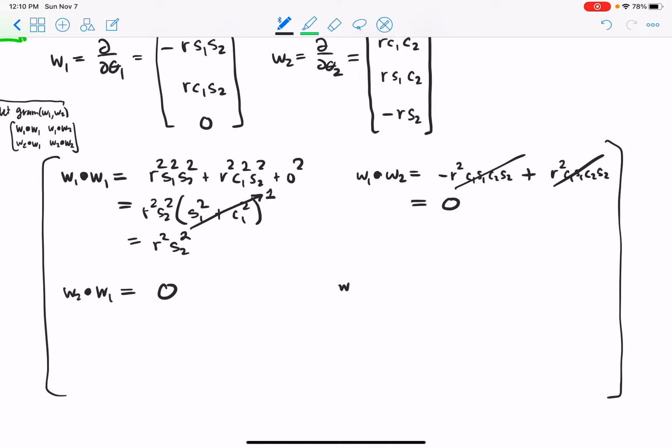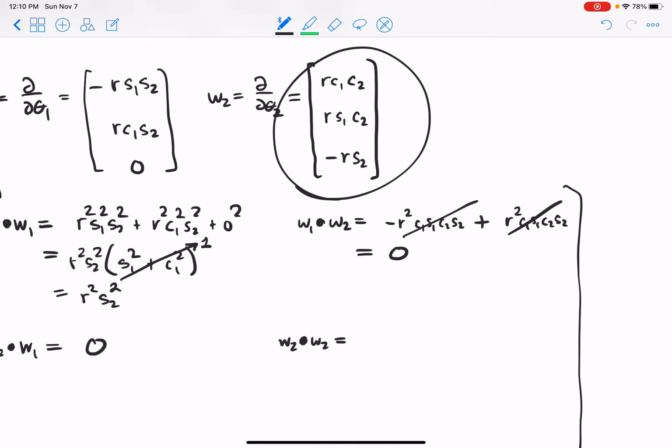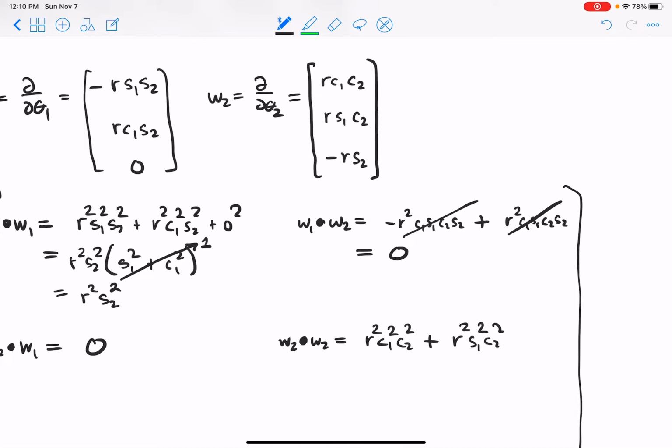And that coordinate is W2 dot W2. What's that going to be? Okay, so let's take the sum of squares. This times this, plus this times itself, plus this times itself. Okay, and now again, I notice that this time I can pull out an r squared and a c2 squared from both of these, and it'll leave a cos squared plus sine squared, which will be 1.